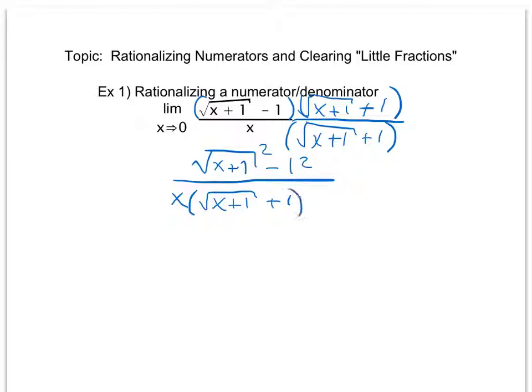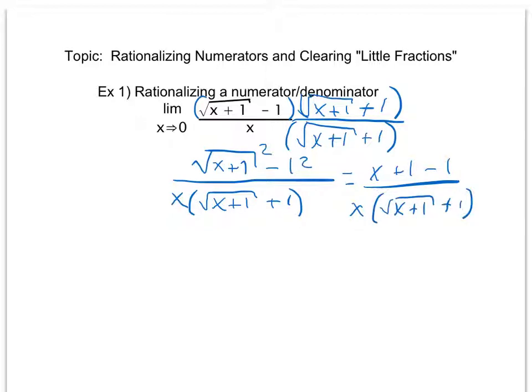Because what I'm hoping is that as my function changes a little bit in its look, maybe I can cancel some things out. Because remember, it's this x right here that's causing the 0 in the denominator. So now from here, if I square the square root of x plus 1, that square root goes away. I end up with x plus 1 minus 1 all over x times the square root of x plus 1 plus 1.